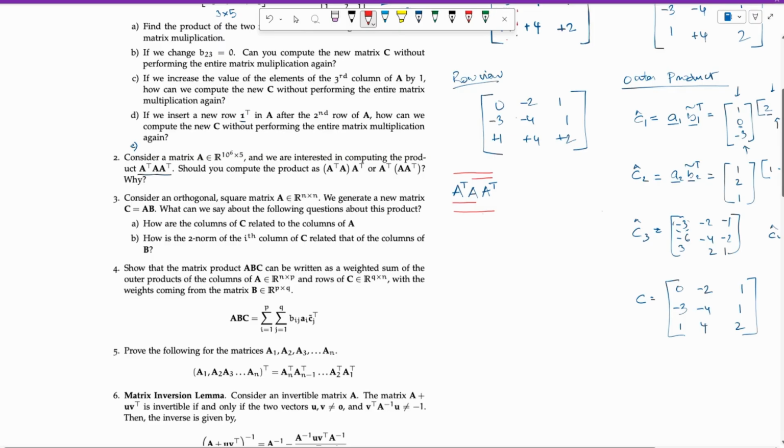Let me listen to your question first. A is not a square matrix. A is 1,000,000 cross 5. Can you do A transpose A? That's the question first.